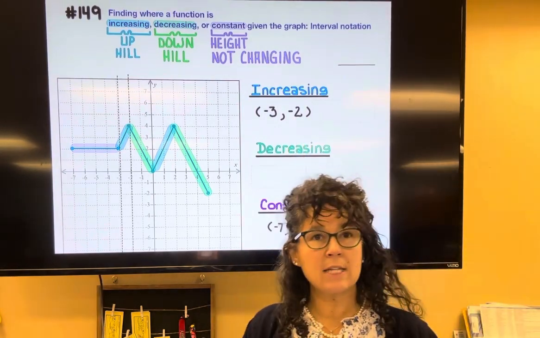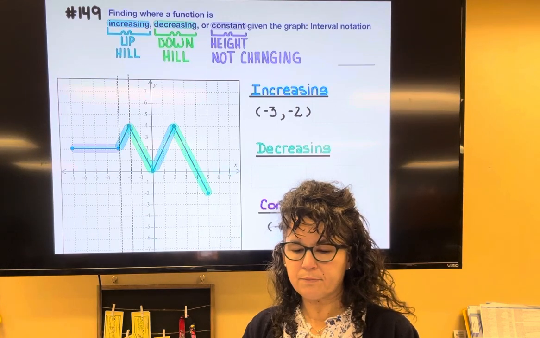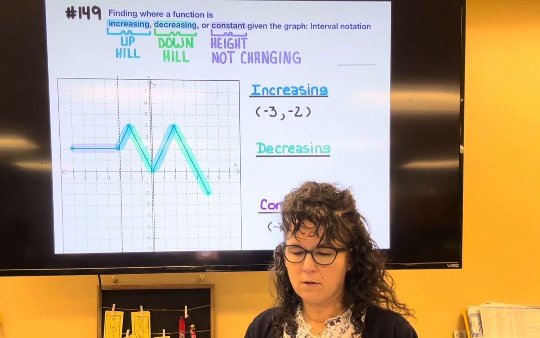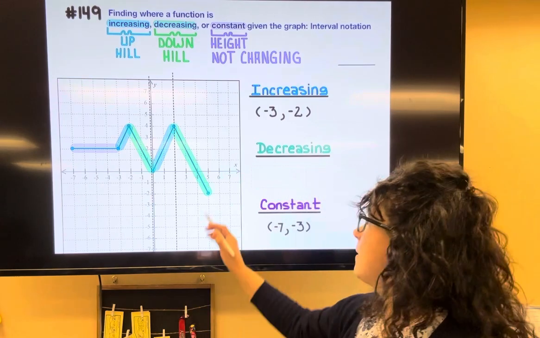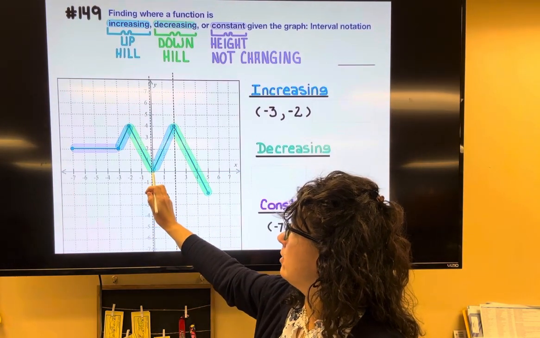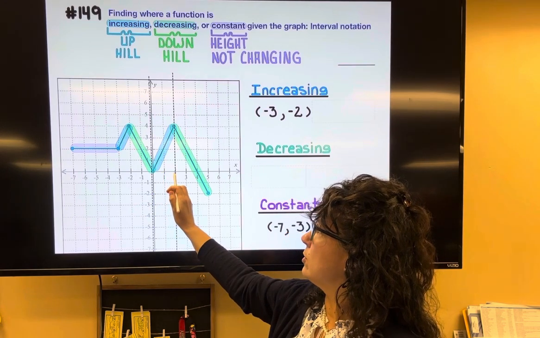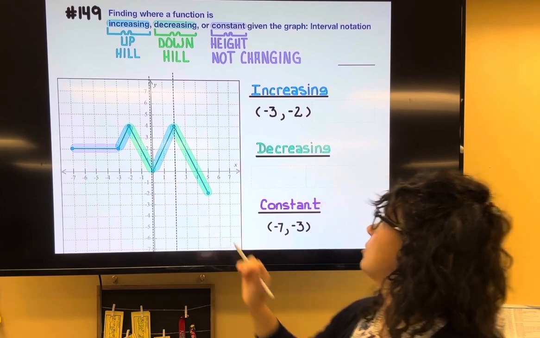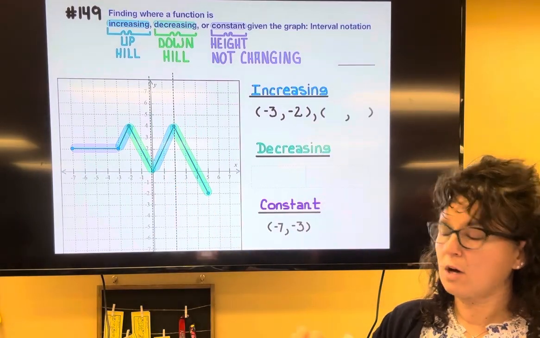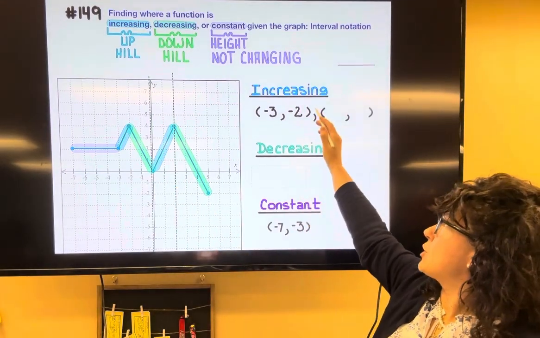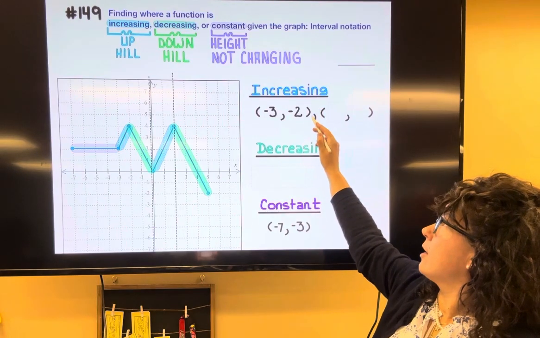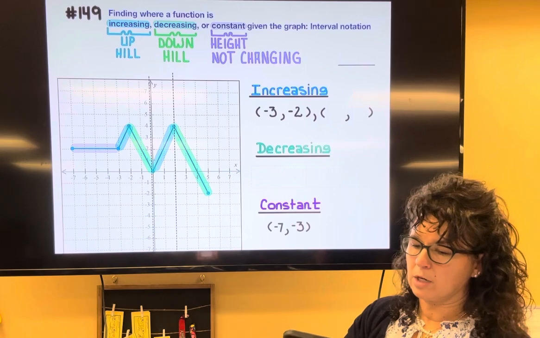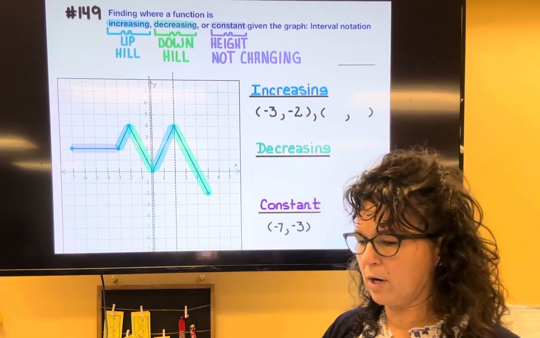But we have another section where we're going uphill, starting at 0 until I get to 2. Again, those numbers are coming off the x-axis, so from 0 through 2. So, comma. If we had the option of putting a little U for union, that would be great as well, but we're going to use a comma because that's what the program has.